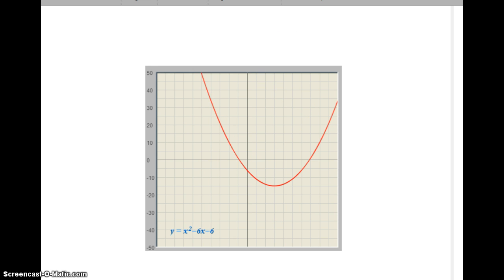Here's another example where the y equals 0 at 2 spots. And so we would say that this has 2 solutions. One at x equals -1 and one at x equals 7.